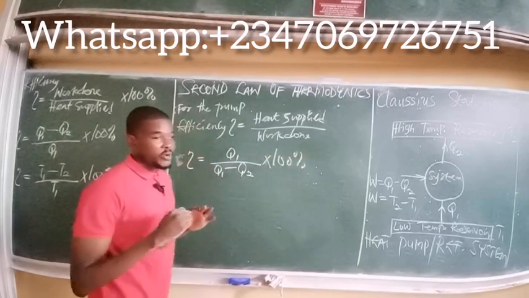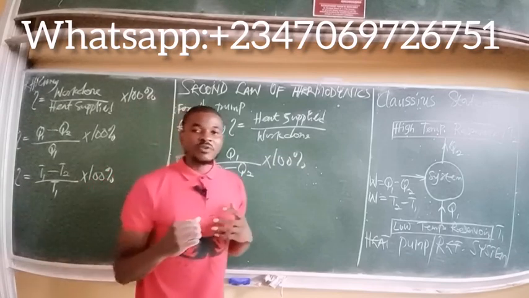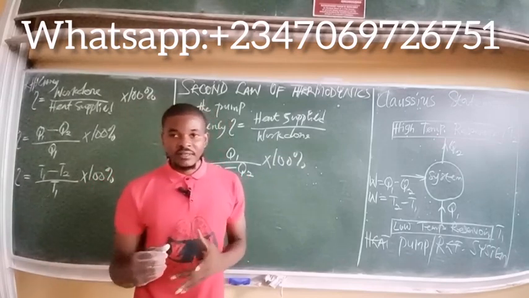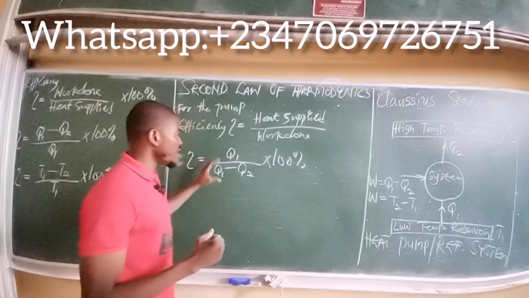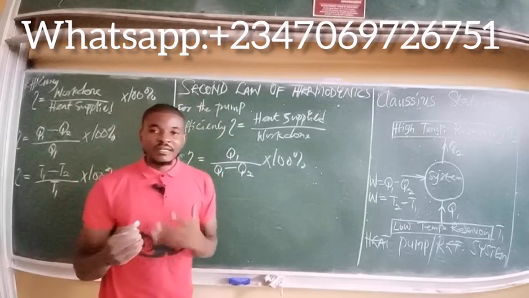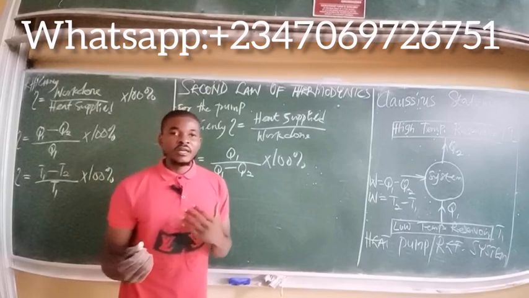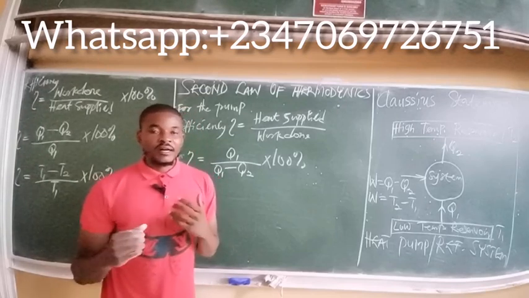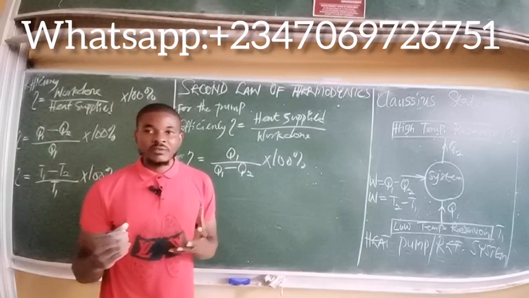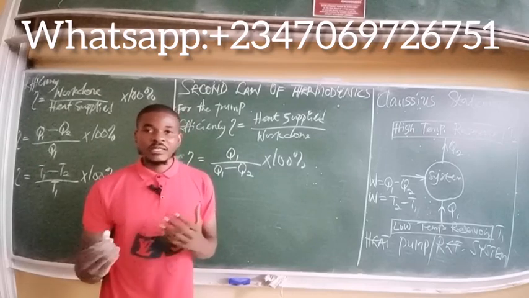All right, just to point out, the heat pump actually does not have an efficiency, because if you carry out this analysis, you are going to have values greater than 100%. There is no machine in life that is 100% efficient. Even the ideal machines are not real; they are simply ideal.